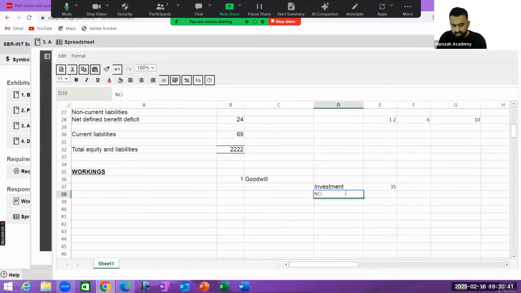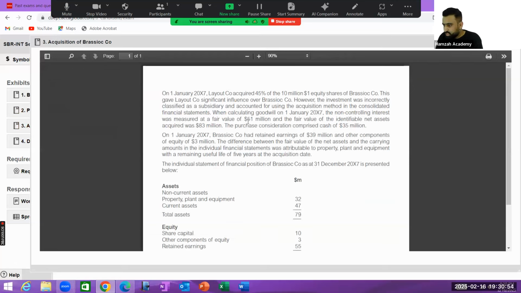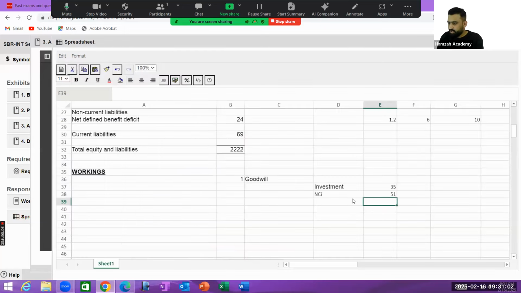And if you remember, the fair value of the NCI was, I think, 51. If you can look at here. Yes, 51. And the fair value of the net asset was 83.